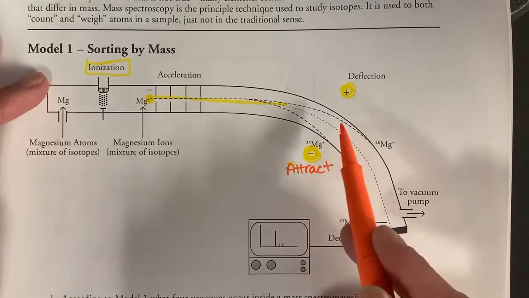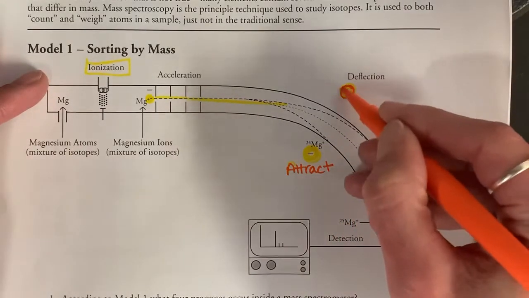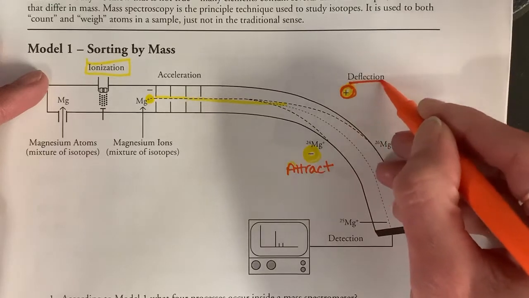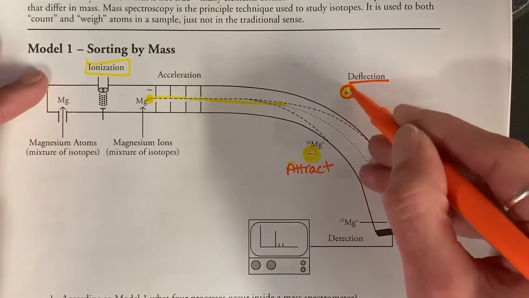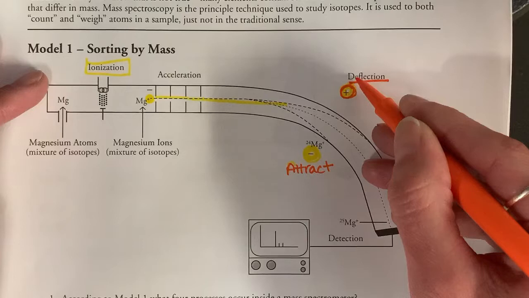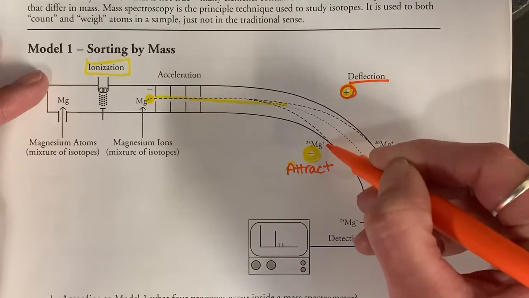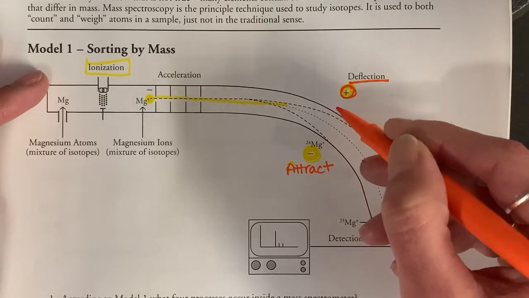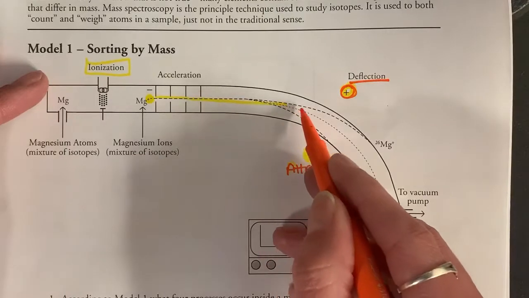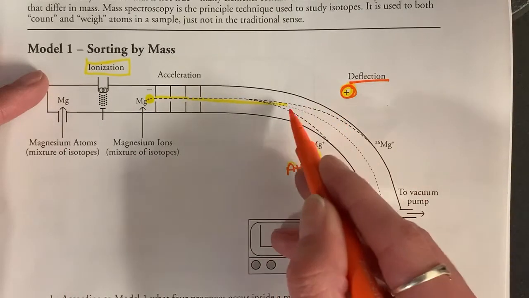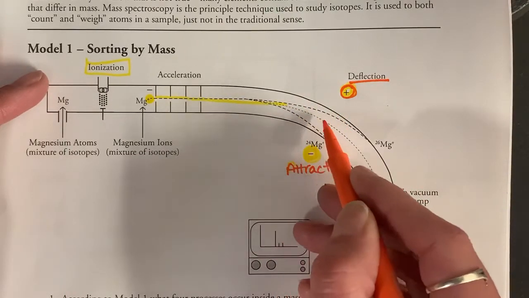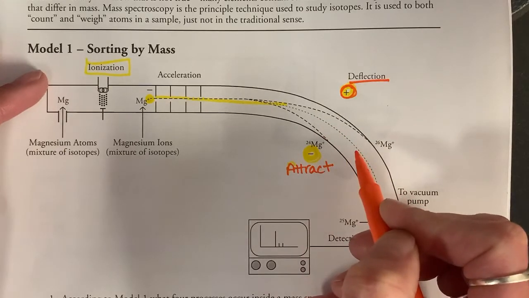At the same time, like charges repel, so this positive magnet is going to push or deflect my positive ion. So instead of continuing on straight, my ions are going to start to bend.